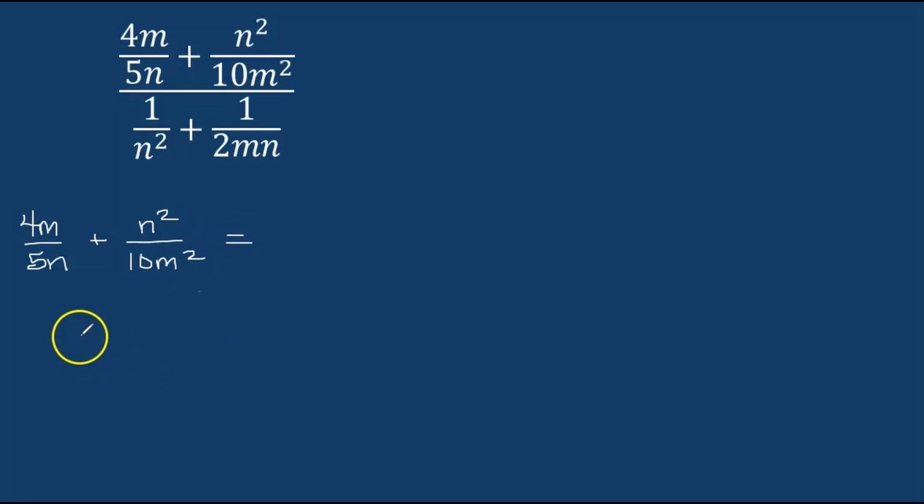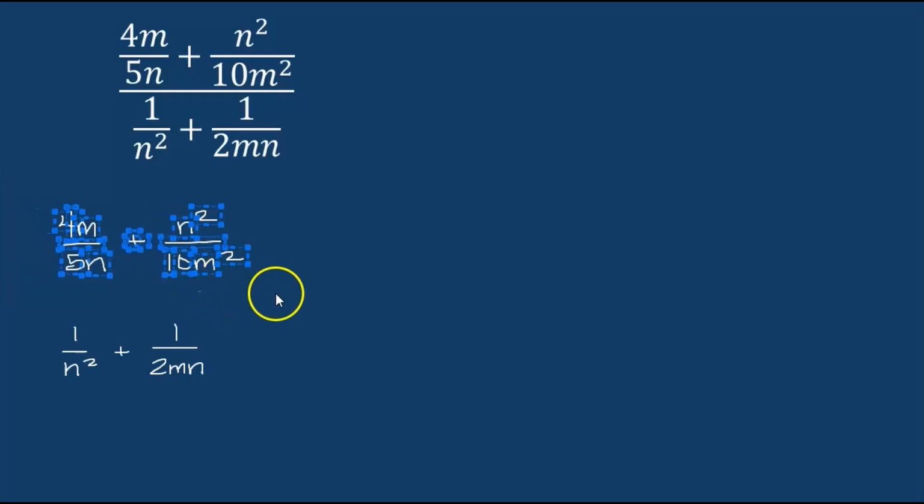Then we're going to work with 1 over n squared plus 1 over 2mn by itself. And I've just realized I need to give myself a little bit more room here because of common denominator work.